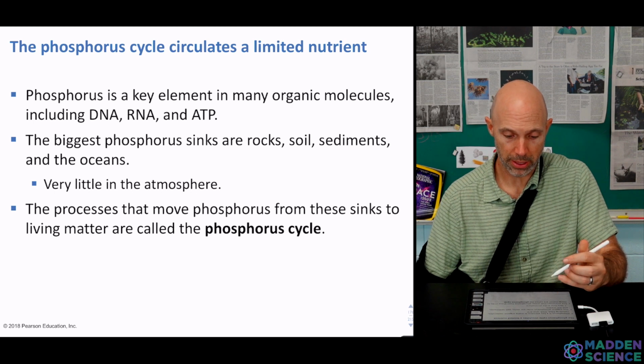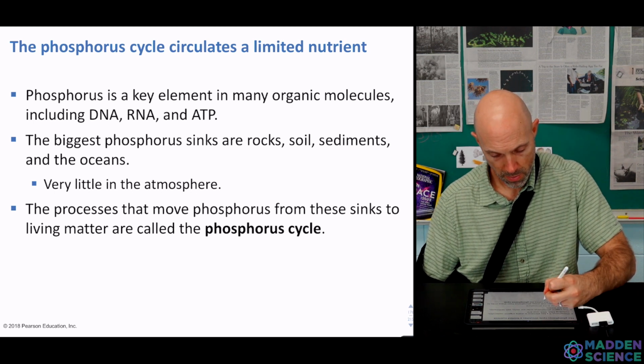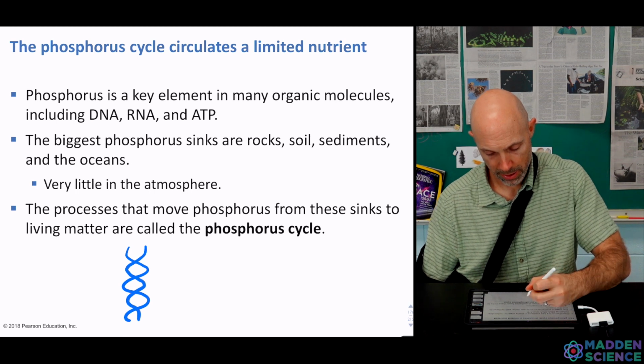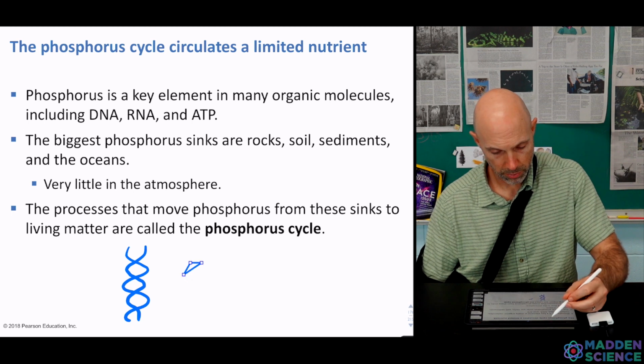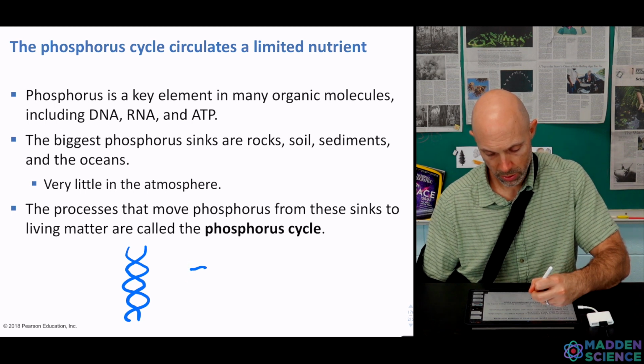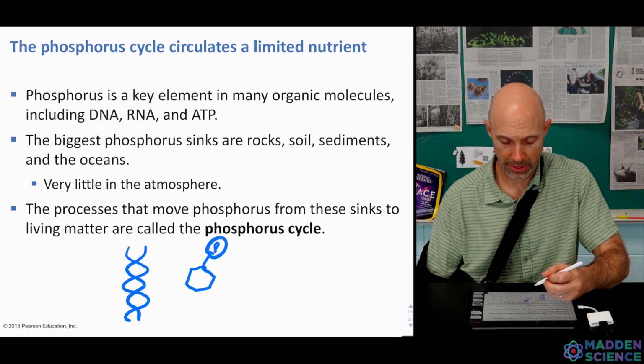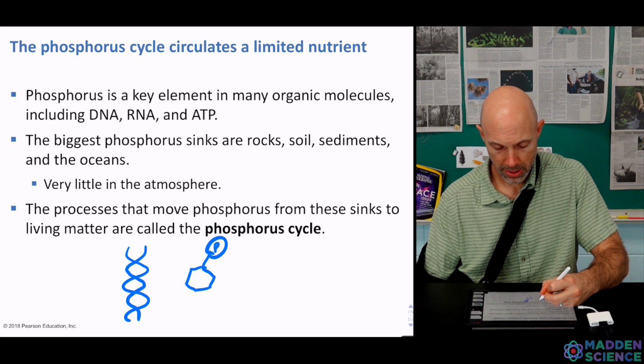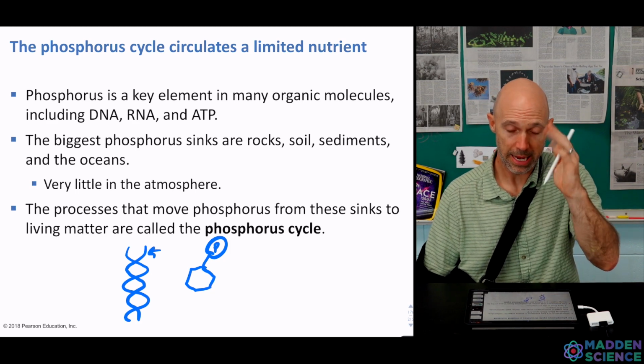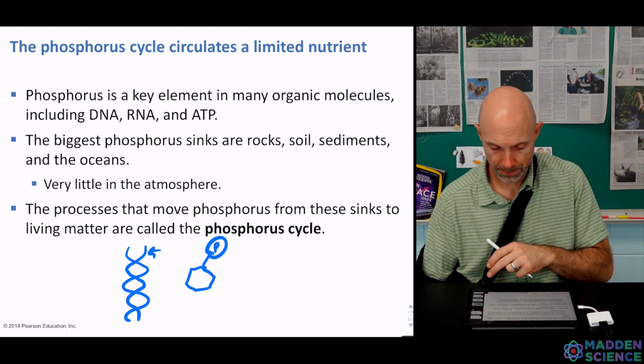Phosphorus, right? If you look at the backbone of DNA, right, there's a sugar phosphate backbone. So that phosphorus within phosphate is essential as part of the sides or the backbone of DNA.